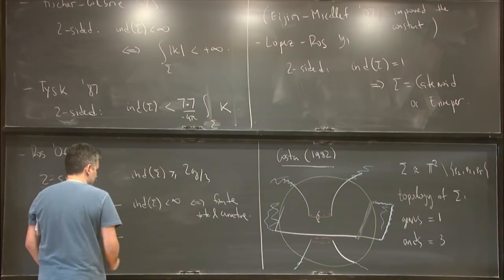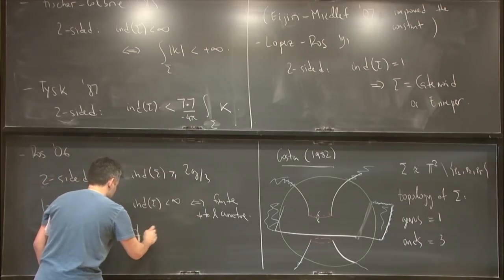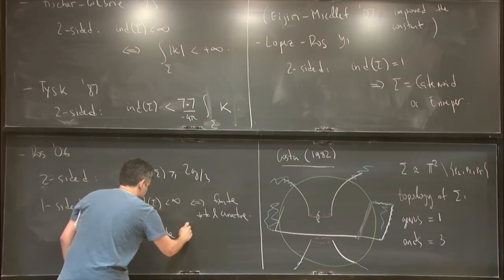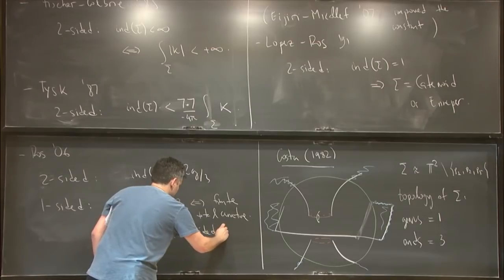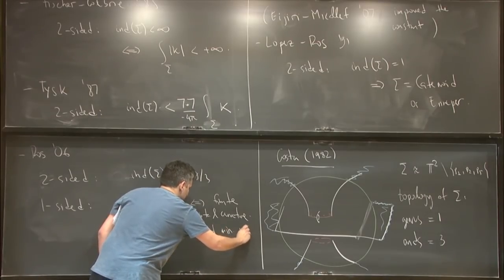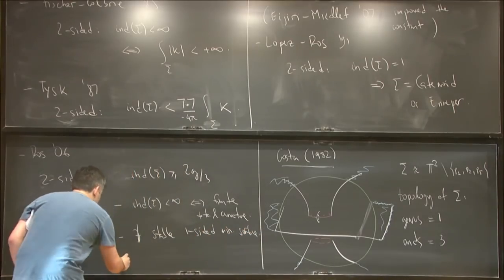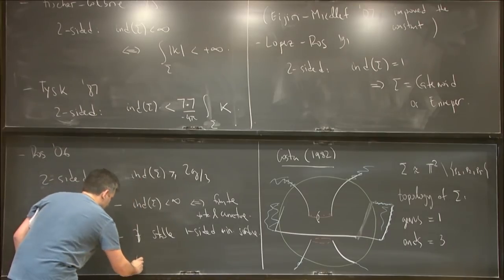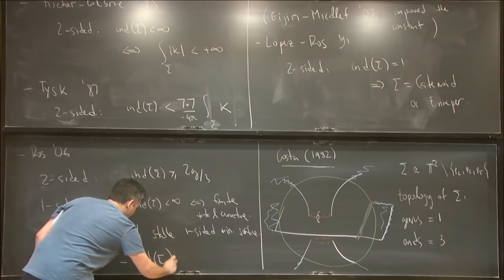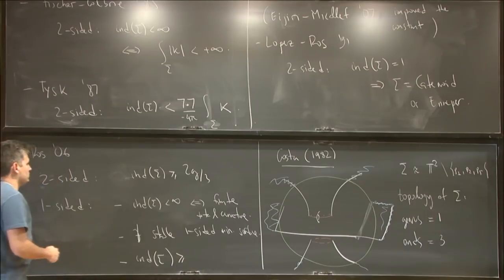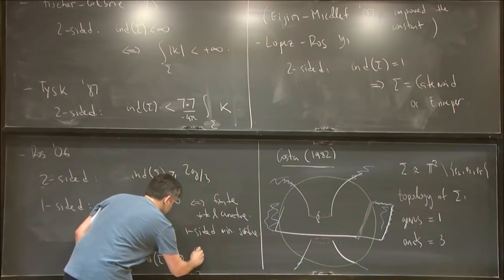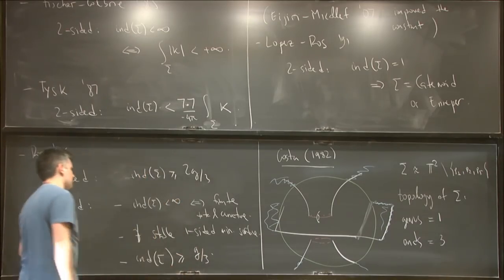He also proved that there is no stable one-sided minimal surface. And finally, he proved a version of this bound, showing that the index of sigma is at least g over 3.